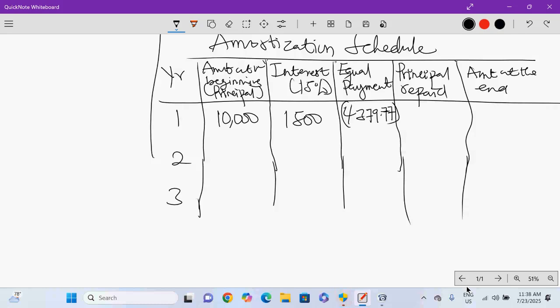So the principal repaid is the difference between the equal payment and the interest. If you deduct the 1,500 from the 4,379.77, what are you getting?